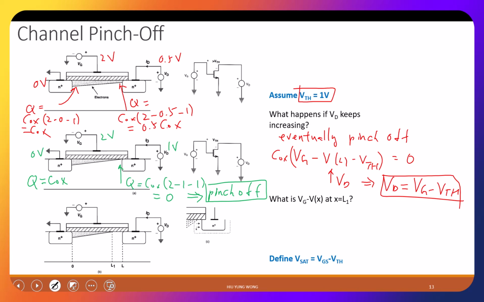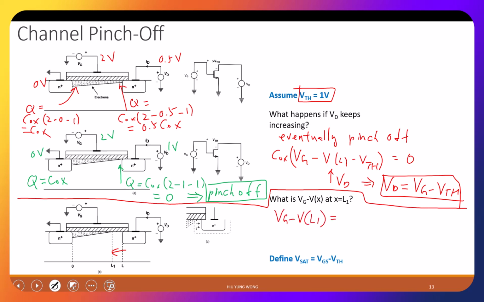If in the last figure I keep increasing Vd, what happens? The pinch off point will shift to the left, so that in this case, Vg minus VL1 actually equals Vth. It pinches off earlier, so you have a longer pinch off region.